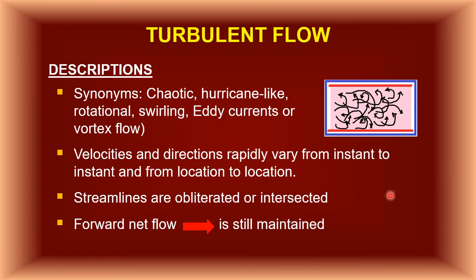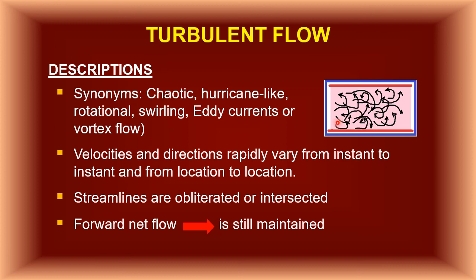Now we come to the turbulent flow. Turbulent flow has many other names, like chaotic flow, hurricane-like flow, rotational flow, swirling flow, eddy current flow, or vortex flow. All these describe this chaotic, irregular pattern of blood flow.